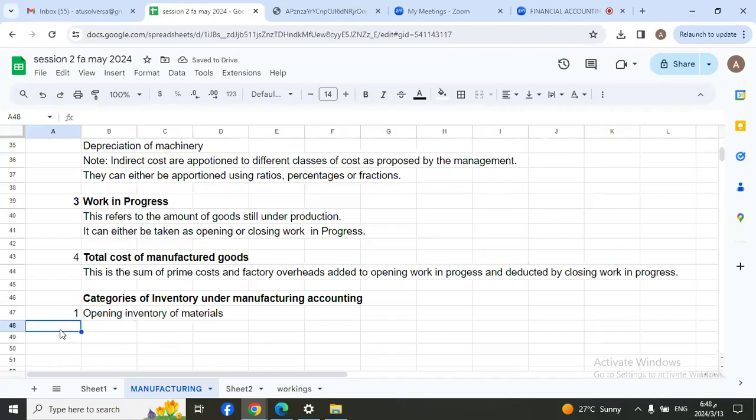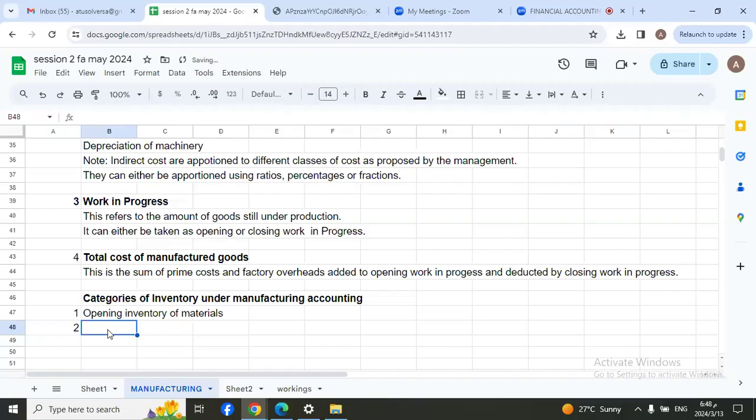So these inventories also, you'll find that a company like Rwenzori, by the end of the year or by the beginning of the year, it had some balances of inventory, which the accountant must go on and count them. Then after you count them, according to the normal accounting under manufacturing accounting.